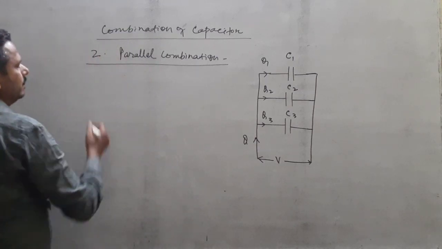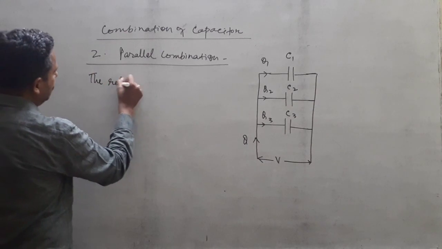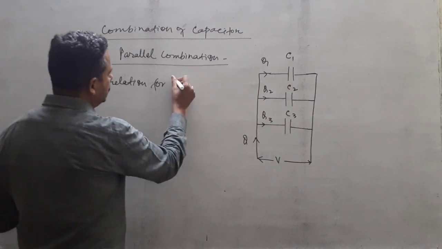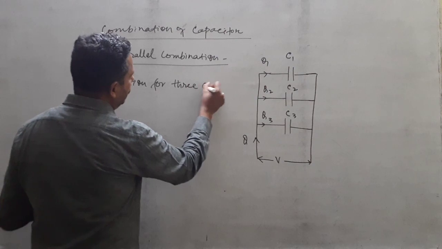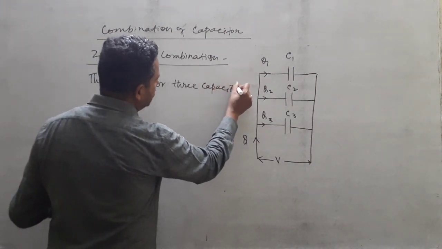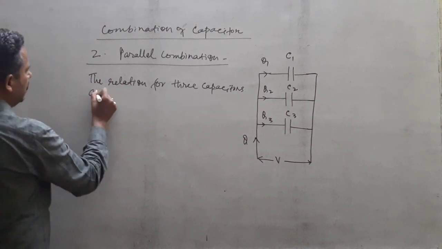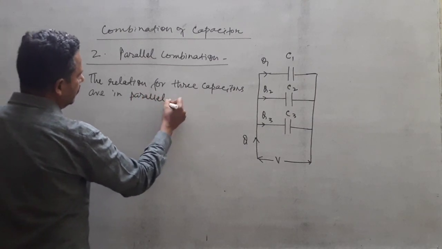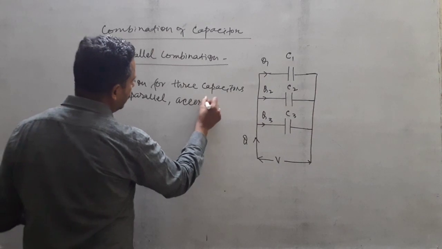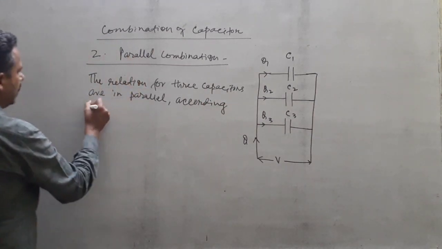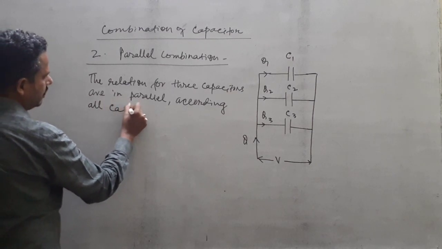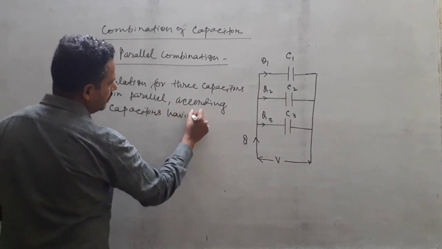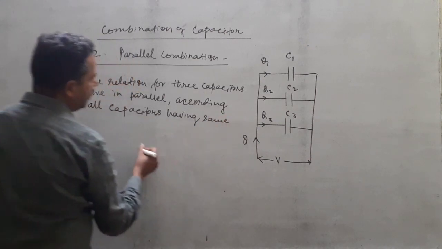So the relation for three capacitors in parallel: all capacitors have the same potential difference.